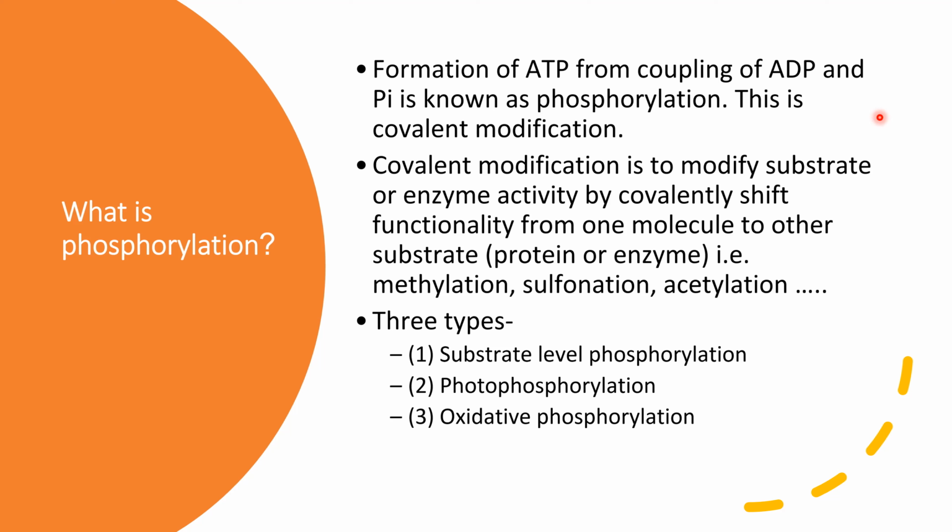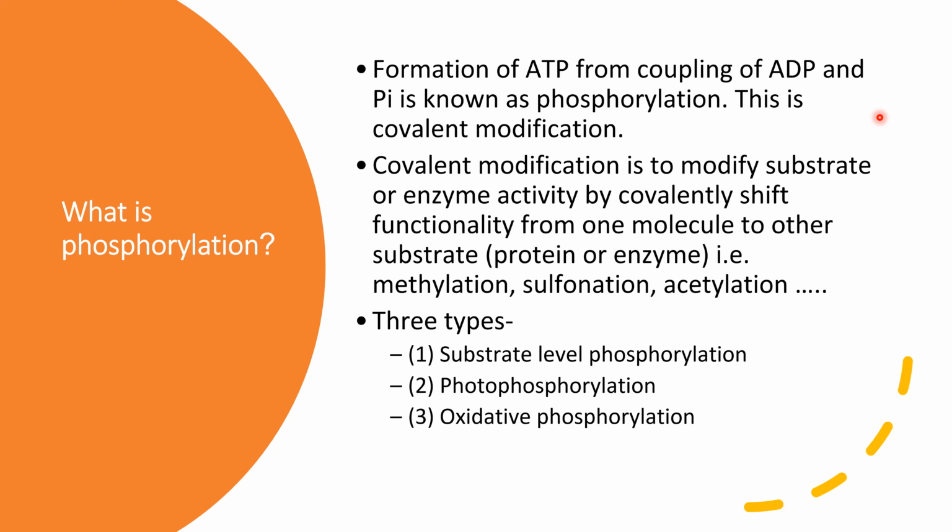These are when we modify a species by alkylation, or by adding a sulfonate or sulfonyl group, or an acetyl group. This is through a covalent bond, and this is called covalent modification.